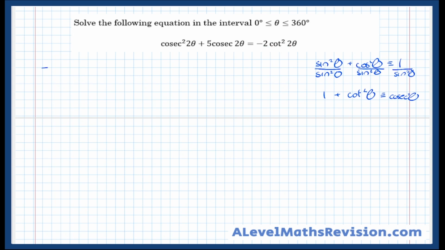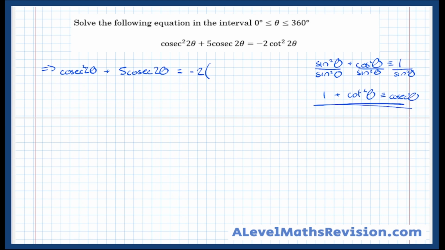So, rewriting it out, so this implies that cosec squared 2 theta plus 5 cosec of 2 theta equals minus 2, and we're replacing the cot squared 2 theta with, and by rearranging this identity here, we get 1 plus cot squared of an angle is identical to cosec squared of that angle.